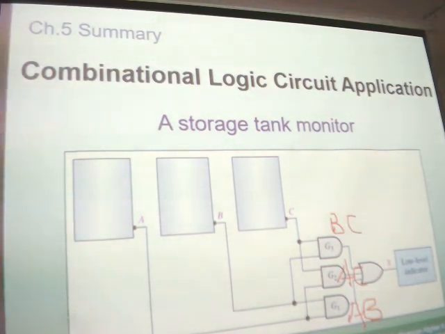there are 2 or more tanks that are empty, then the output is 0, because 0, 0, 0 represents all 3 storage tanks are empty, and 0, 0, 1 represents A and B are both empty, and 0, 1, 0 represents A and C are empty, and 1, 0, 0 represents B and C are empty.